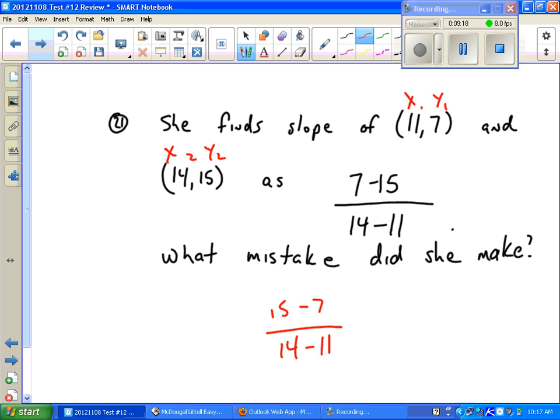Now it wasn't incorrect for her to have 7 minus 15 as long as she had 11 minus 14 on the bottom. She went the wrong way in one of her times. So either the top one was wrong or the bottom one was wrong, but either way, her order was wrong.